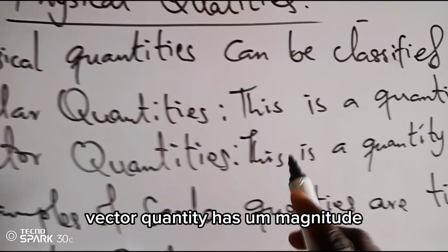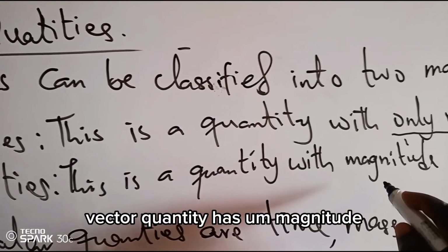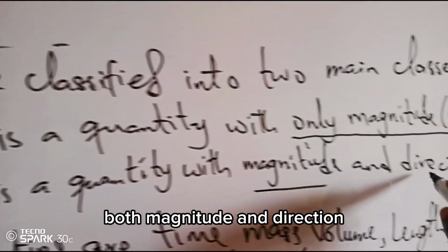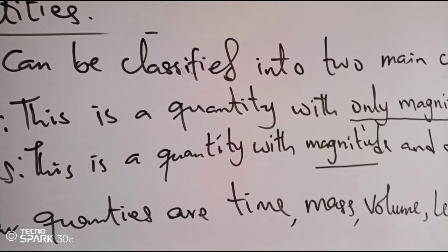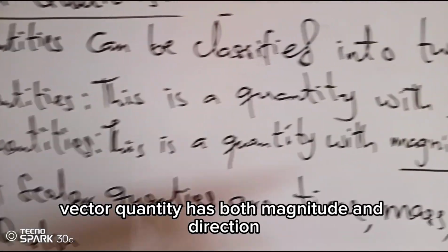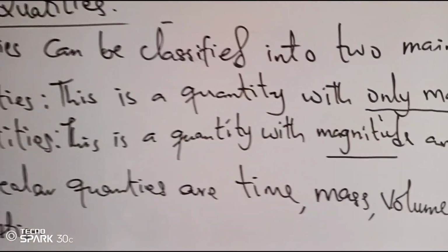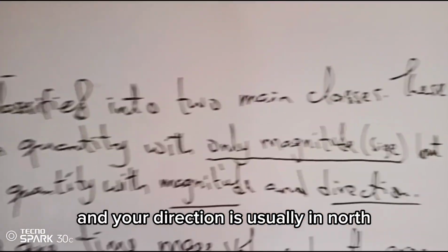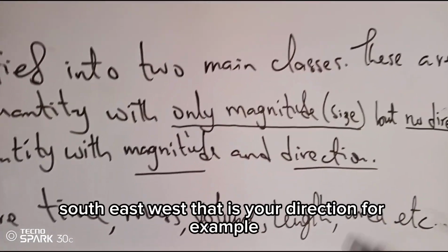While a vector quantity has both magnitude and direction. Are you getting it? Vector quantity has both magnitude and direction. Your direction is usually north, south, east, west.